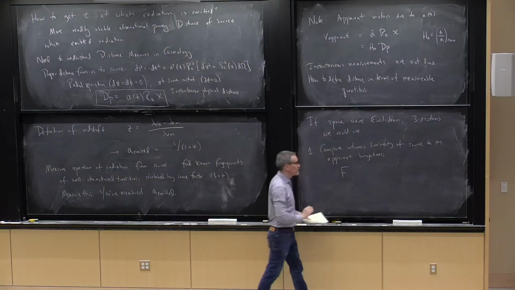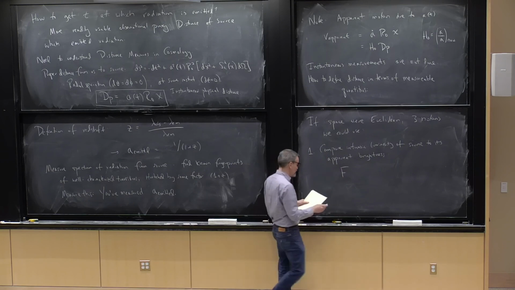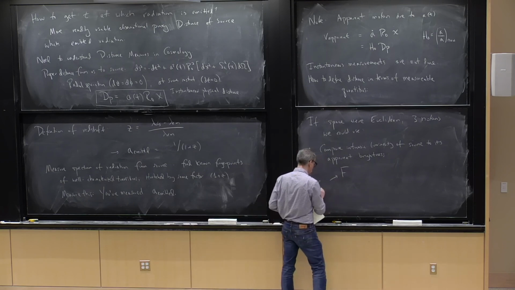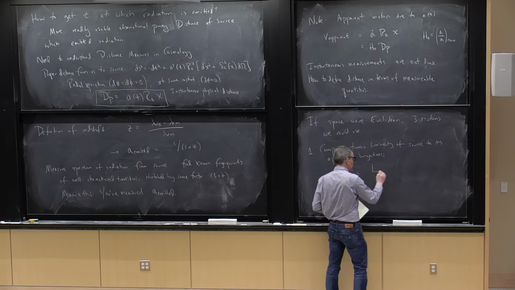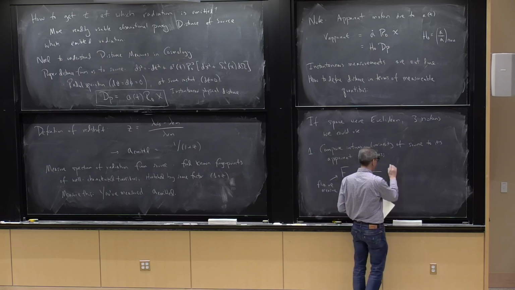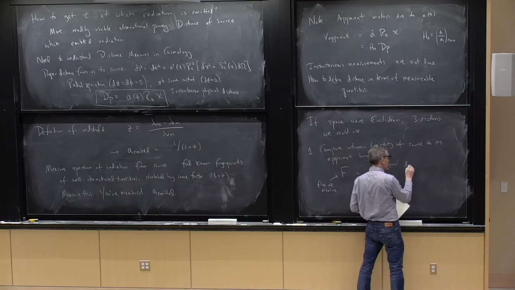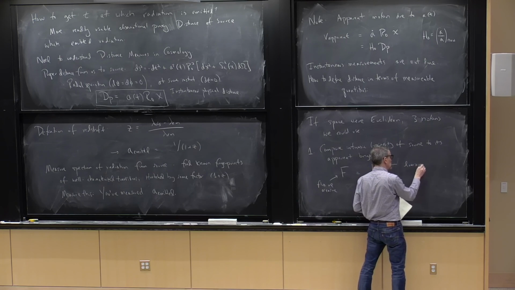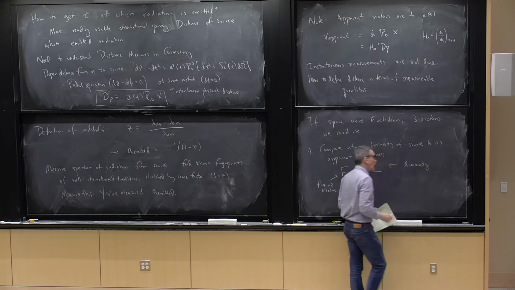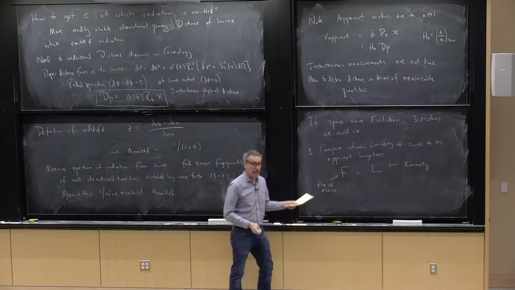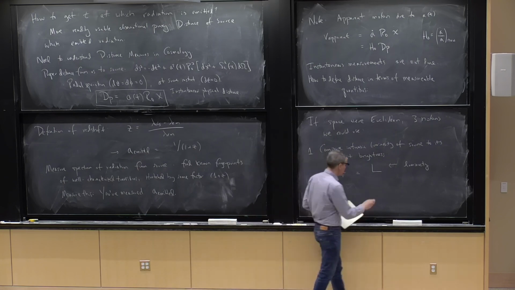So let's let F be the flux we measure from the source. This will be related to L, the luminosity, which, suspend disbelief for a moment, we imagine that we know for some reason.